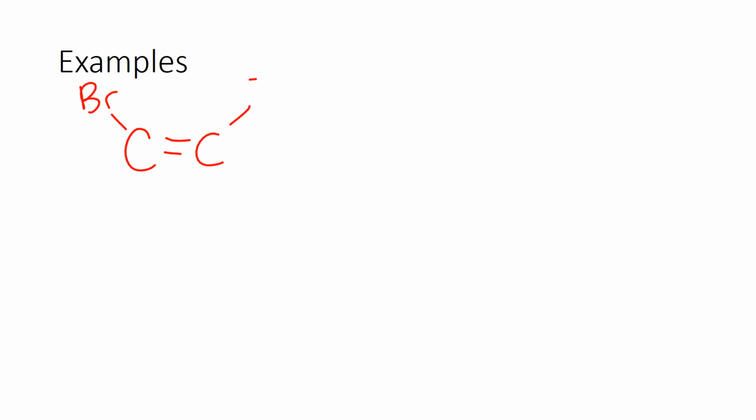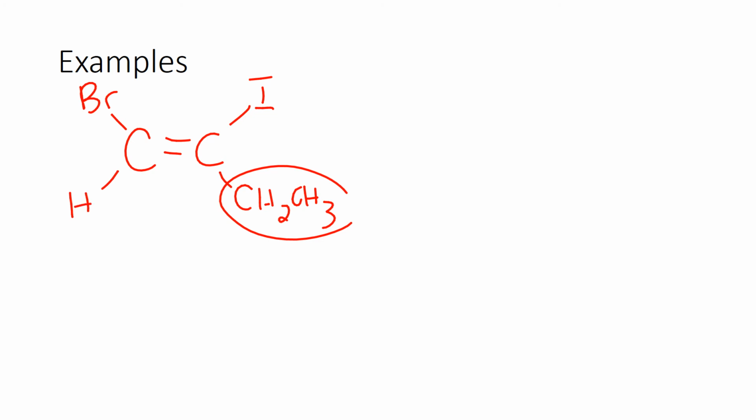Okay, and it'll really help, just like we did in the last topic, to condense all the chain that is not related to the double bond. So I'm condensing the rest of this chain because I'm really focusing in on the double bond here. Okay, so let's prioritize all these substituents. Iodine would be the first priority, bromine would be the second priority, the ethyl group would be the third priority because we're looking at carbon here, and hydrogen would be fourth priority.